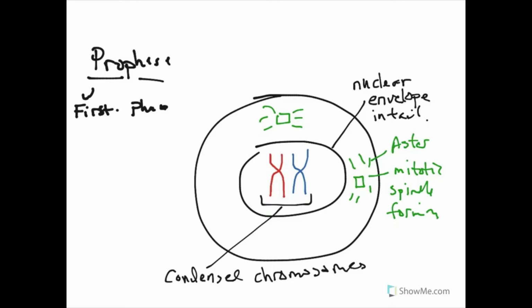Your astral rays, your radial array of microtubules. And they begin to separate, and these will get replicated during interphase. One of the things that happens during interphase is replication of organelles, and that's one of the organelles that's going to replicate that you'll have extra copies of. Now, with this beginning to happen, that's going to take us into our next stage.